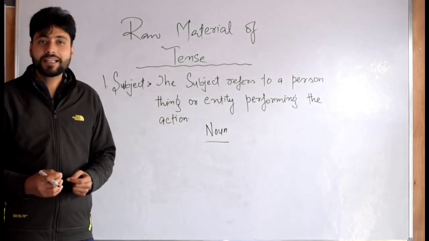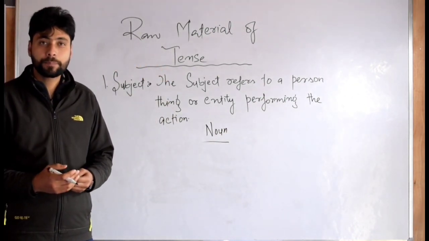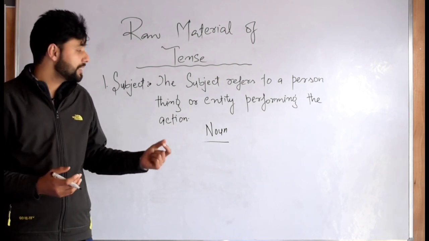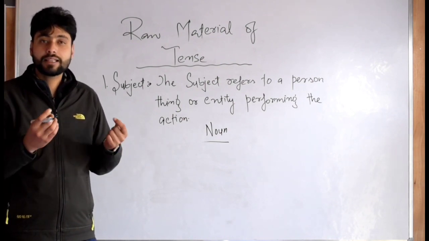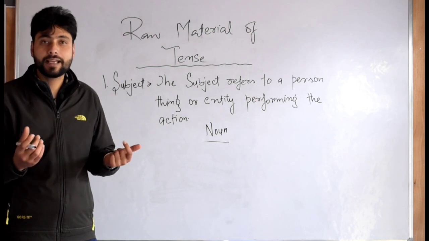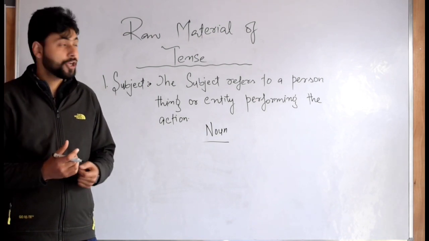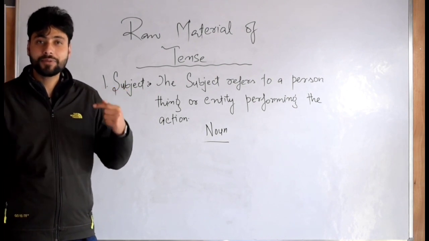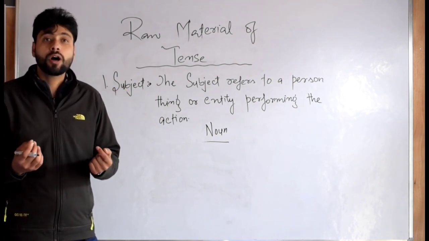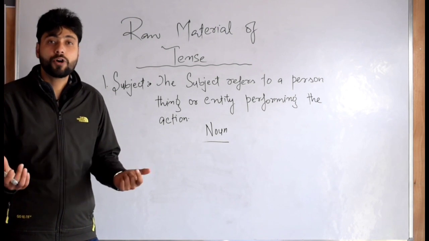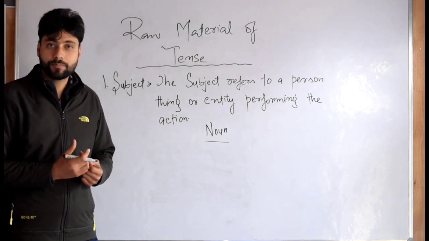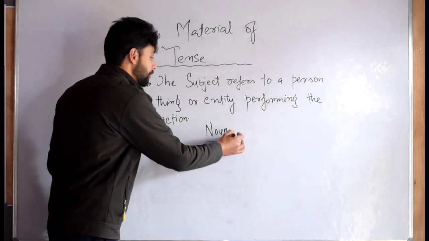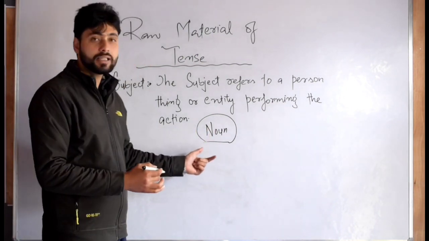When we provide the definition of noun, what do we say? We say noun is a name of a person, place, or a thing. So actually subject provides us the information who or what is performing an action. So you can correlate subject with noun.